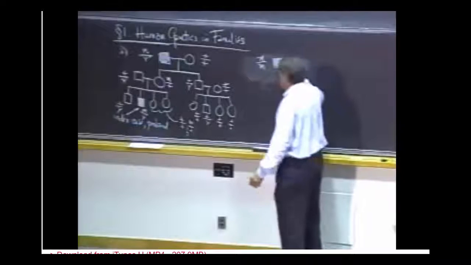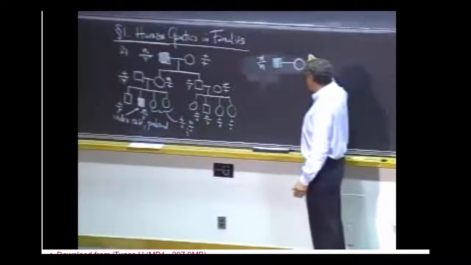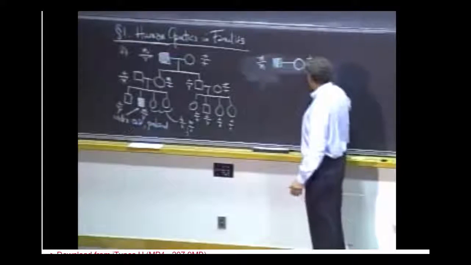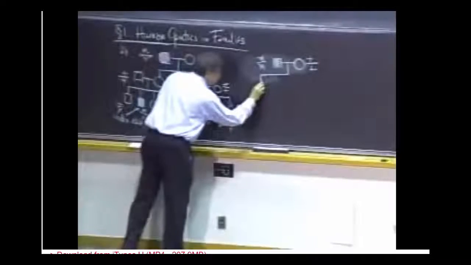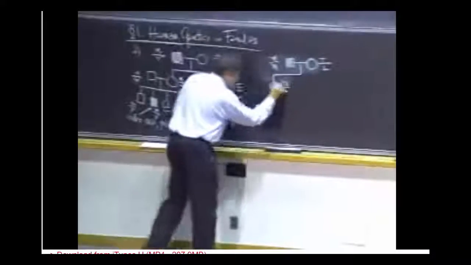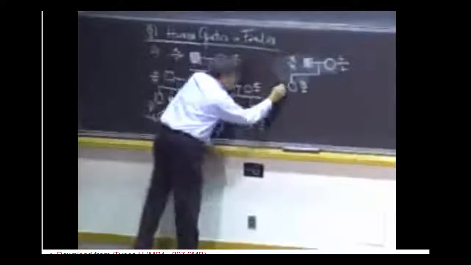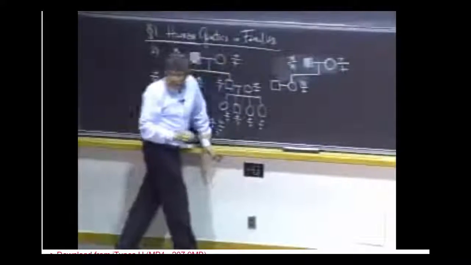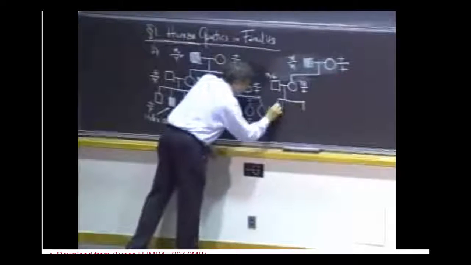Yeah, okay. So what would this person be? Plus over plus, let's say. Come over here. And now let this person be M plus, has to be M plus because, okay. And what about this person here? M plus. Now what about the offspring?